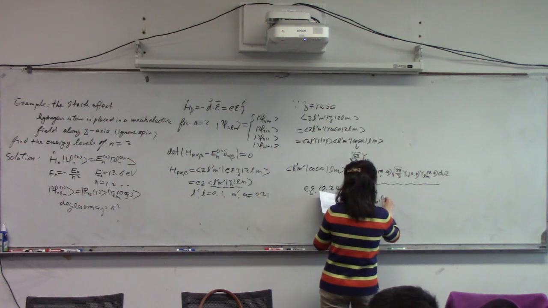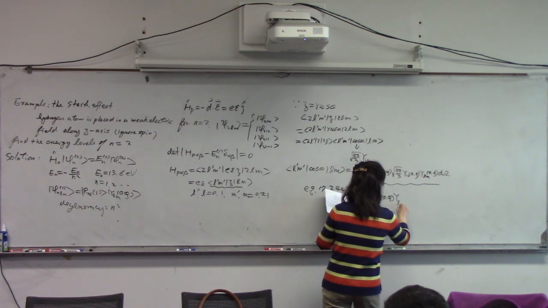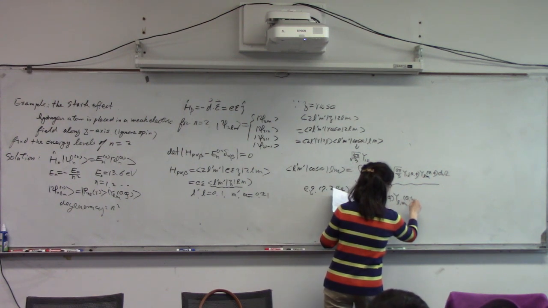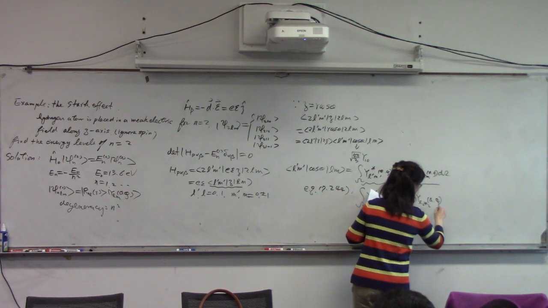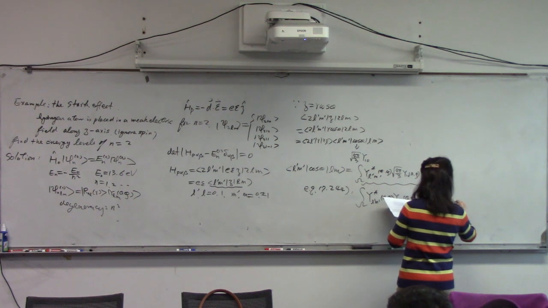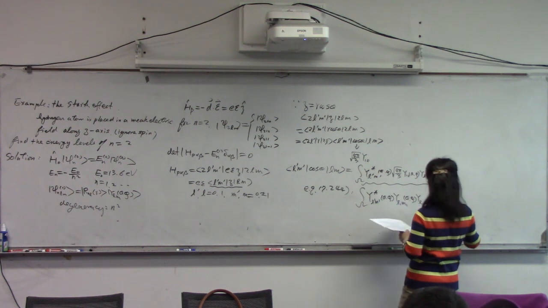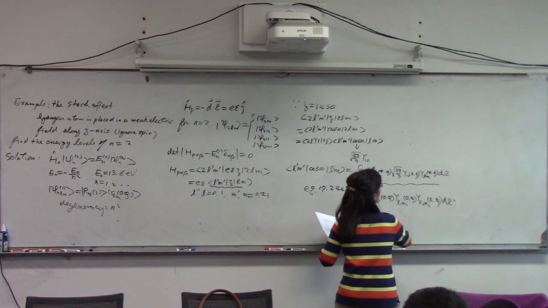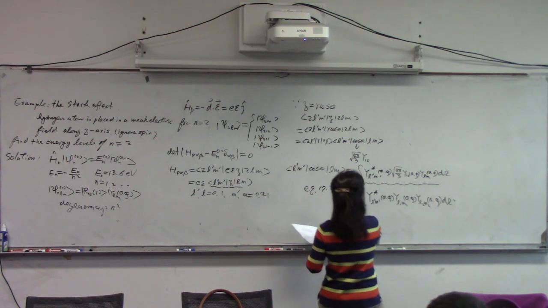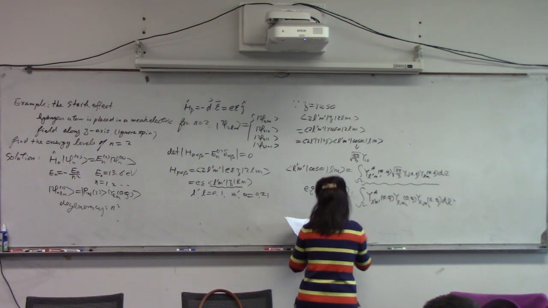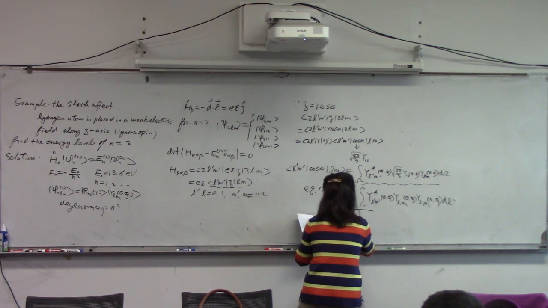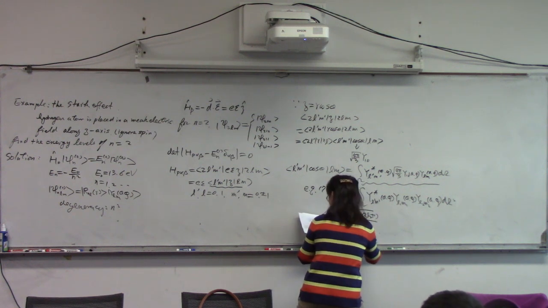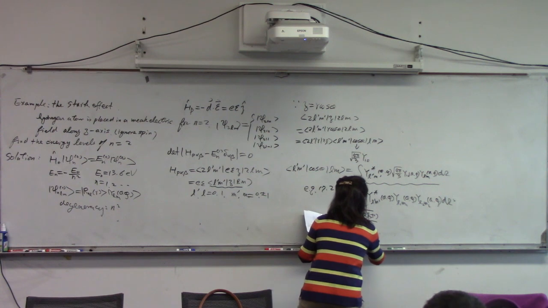So the integral of Y L1 M1 times Y L2 M2 d omega is equal to, just go to that equation, the square root of (2L1 plus 1)(2L2 plus 1) over 4 pi (2L plus 1).